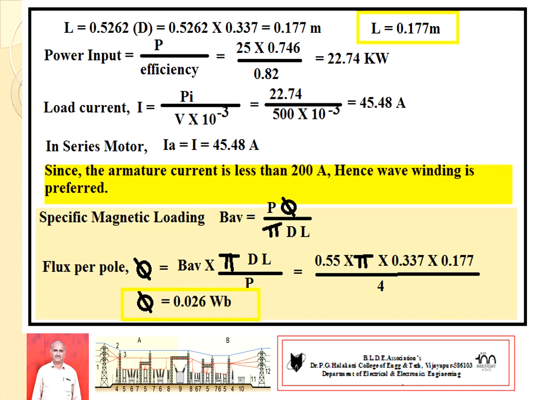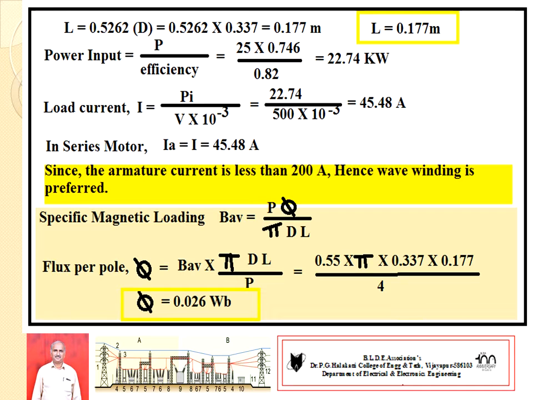Now very easy, if it is less than 200 ampere, then number of parallel paths A equal to 2. Got the idea? Then we can go for wave winding. If wave winding is not suitable, then number of parallel paths are more in lap winding because A equal to P. That is the logic. Understand, sir?